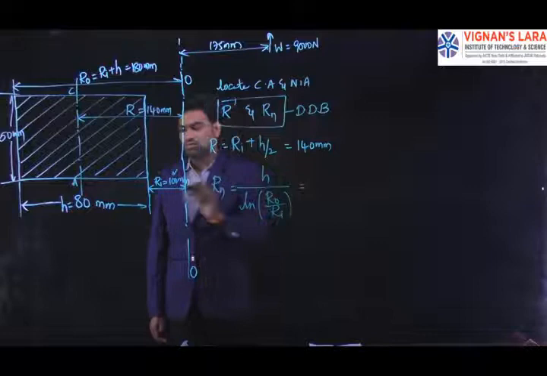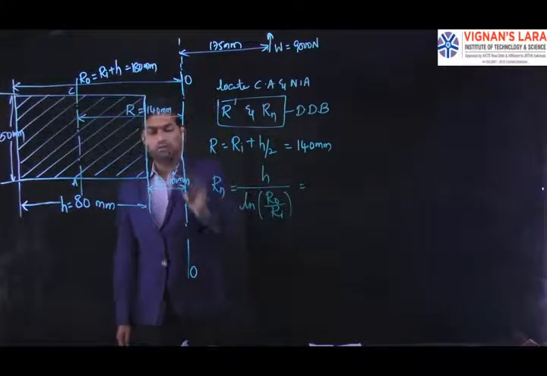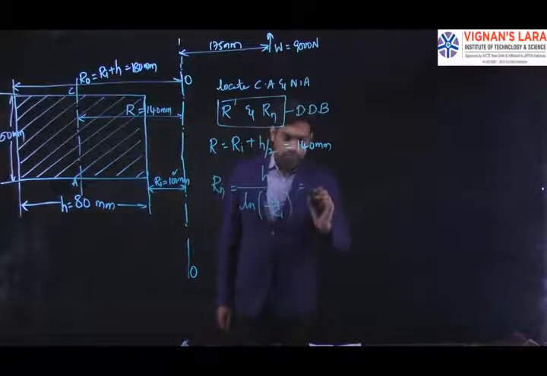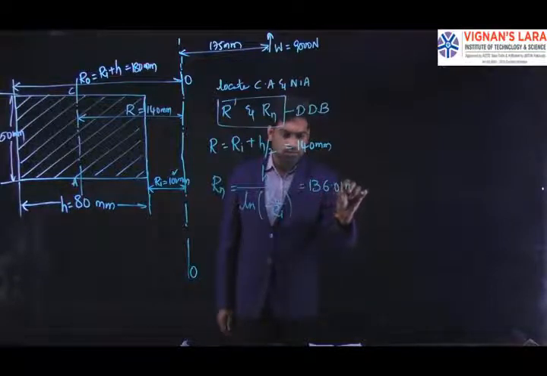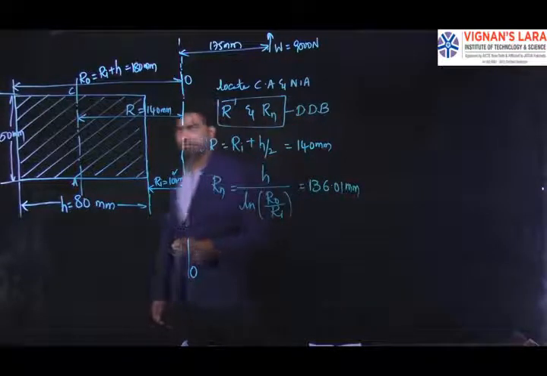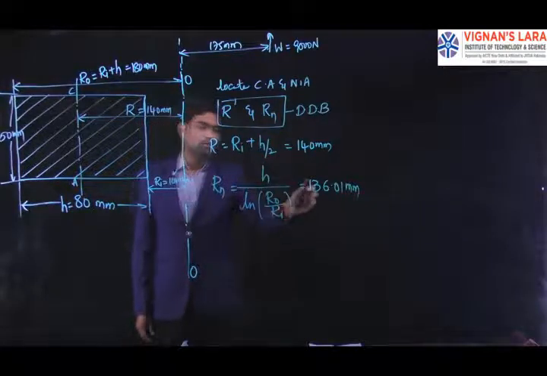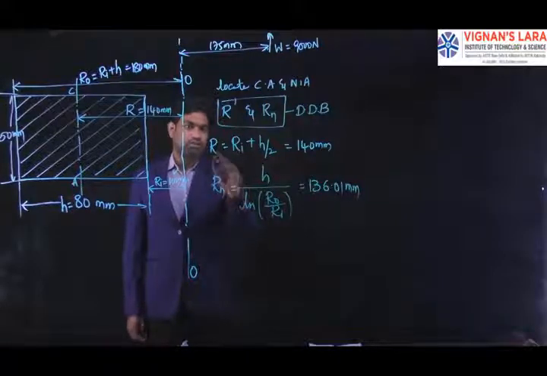So h is known, that is the total depth, 80 mm. R naught is known, 180 mm, and Ri is known, 100 mm. Substituting all the values, we get 136.01 mm. As I stated, to check whether your calculated value is correct or not, you can check with the values of R and Rn.